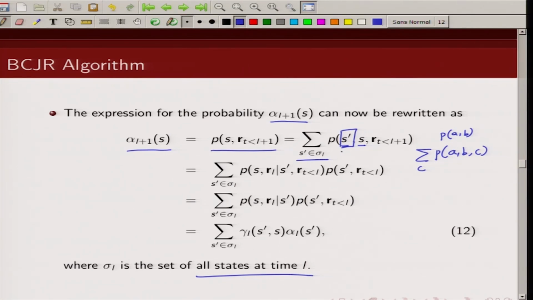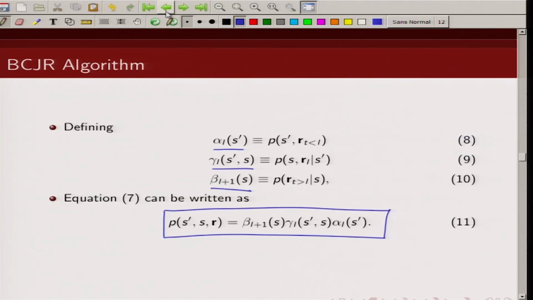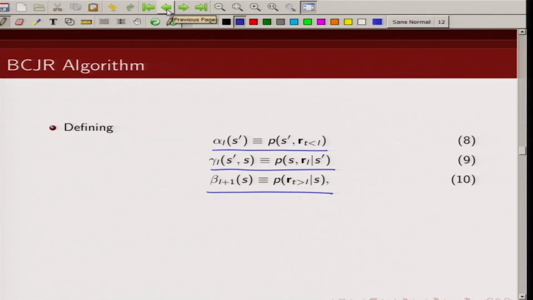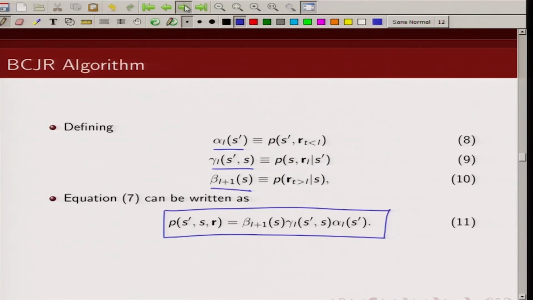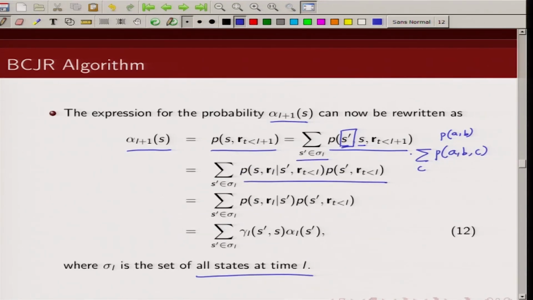Now, this term can be written as a product of these two terms. This is following exactly the same procedure which we followed here. When we wrote this, we are basically using Bayes rule. Now, using Bayes rule, I can write this probability as a product of these two probabilities.